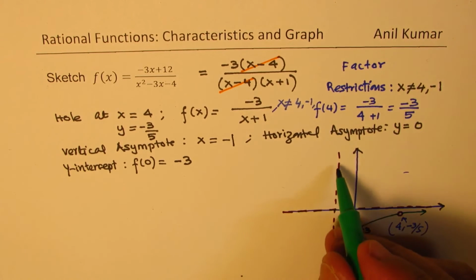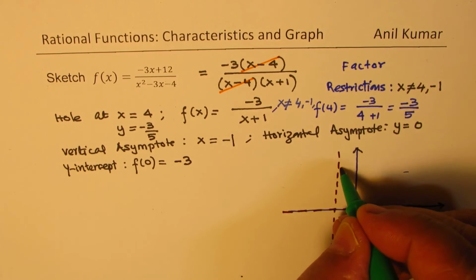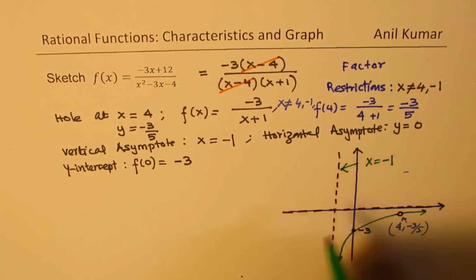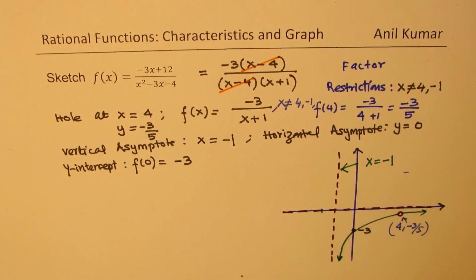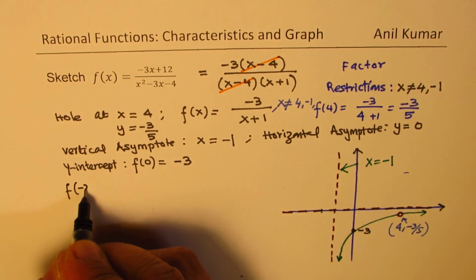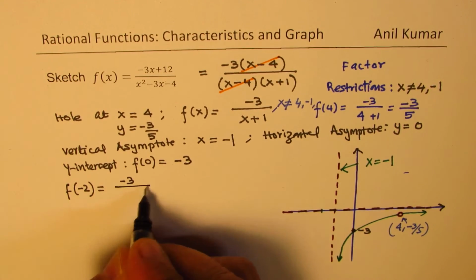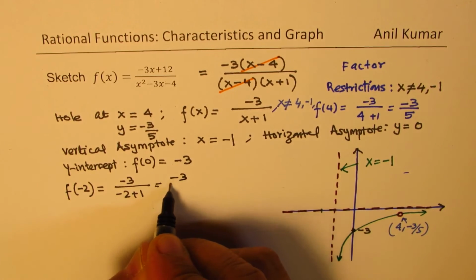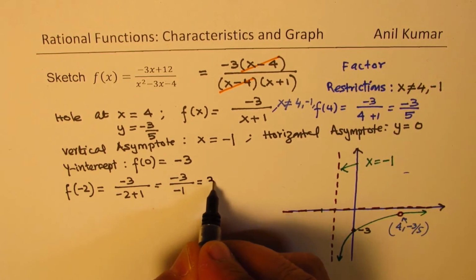Now on this side, we are not very sure how it will look. Well, we know this is your vertical asymptote at x equals minus 1. So we can take a value at x equals minus 2 and see what the value of the function is going to be. Let's calculate the value of the function at minus 2. We'll use the simplified equation, which is minus 3 over minus 2 plus 1. And that gives you minus 3 over minus 1, which is equal to 3.